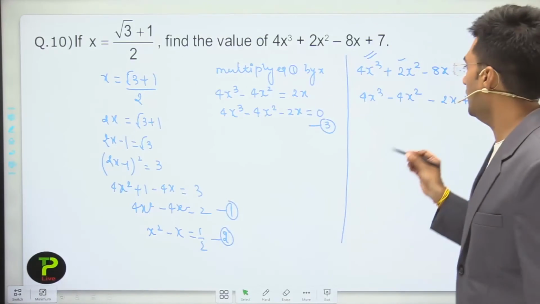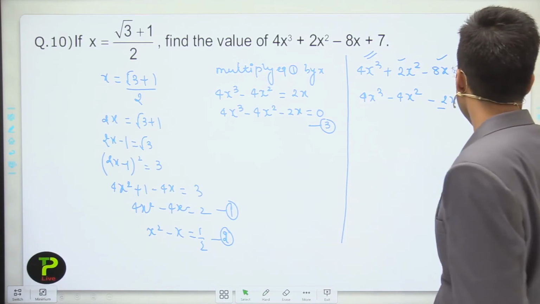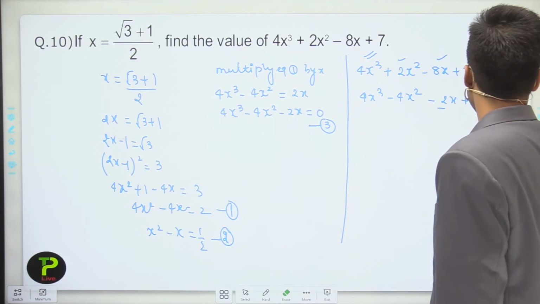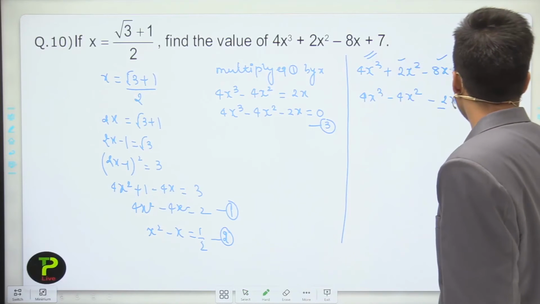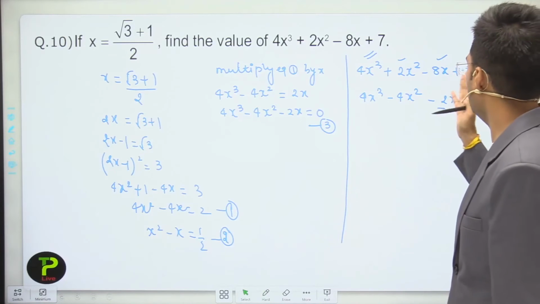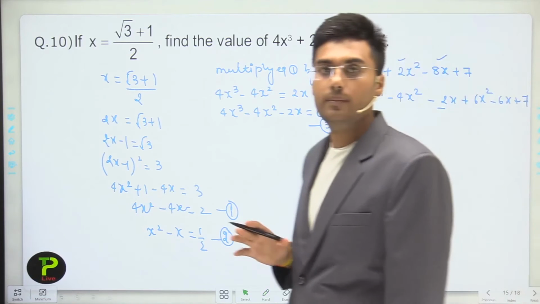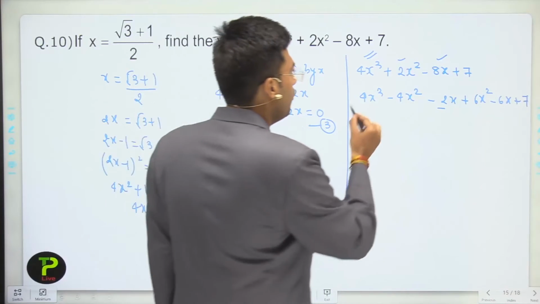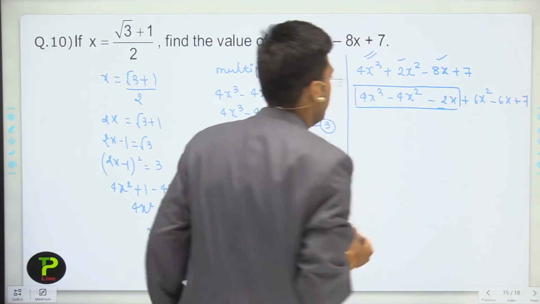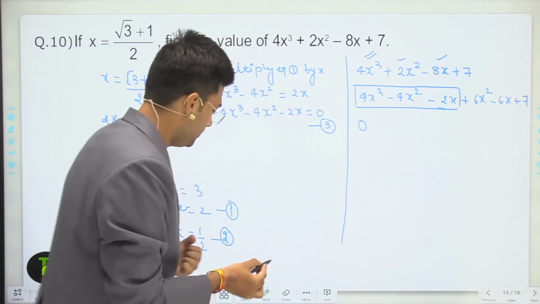Now here we have minus 8x and here we have minus 2x, so we have to add minus 6x, because minus 2x and minus 6x is equal to minus 8x, and last is plus 7. Now dear students, for this expression we have value equal to 0, so it is equal to 0.